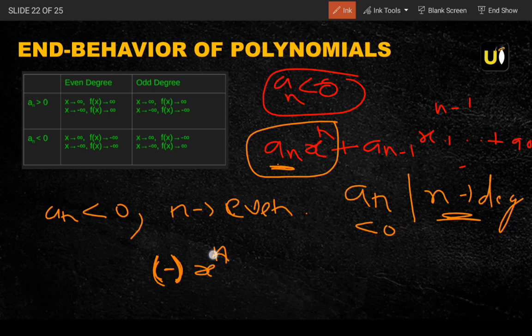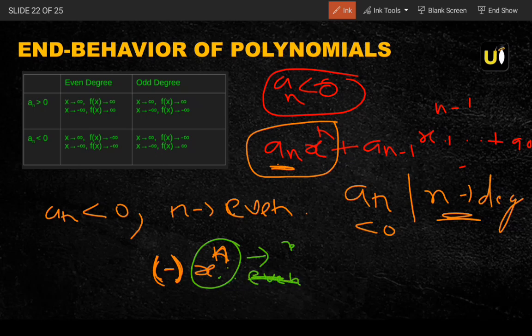If n is odd, for a positive value the result is positive, for a negative value the result is negative, right? So here if x is positive, then this will be positive. We already have a minus sign with it, that means this will be a negative value.